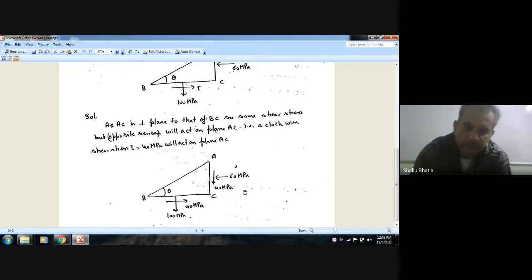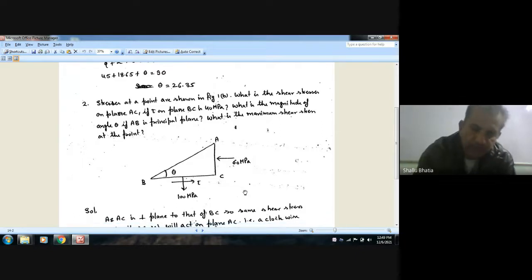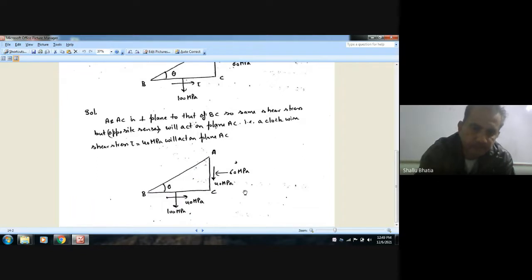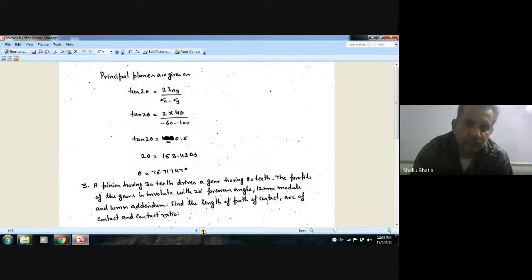Next, what is the magnitude of angle theta if AB is principal? To find the principal plane, we have the formula tan 2 theta equals 2 tau xy divided by sigma x minus sigma y.